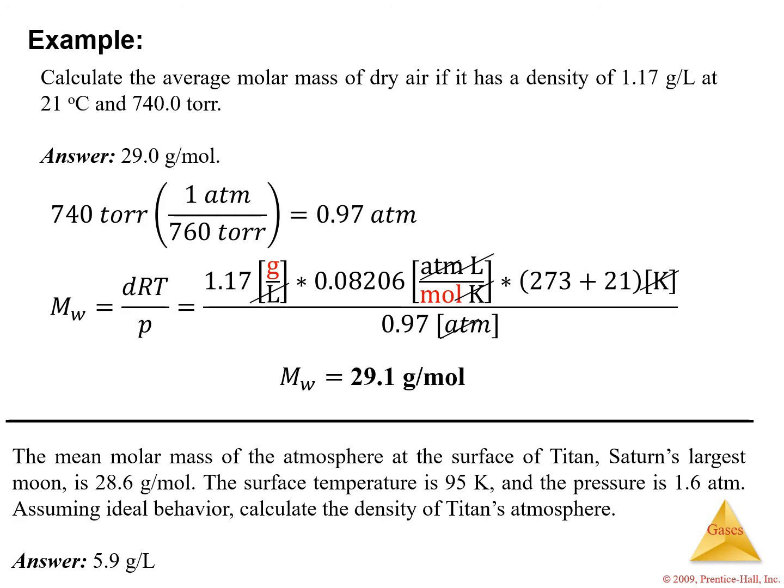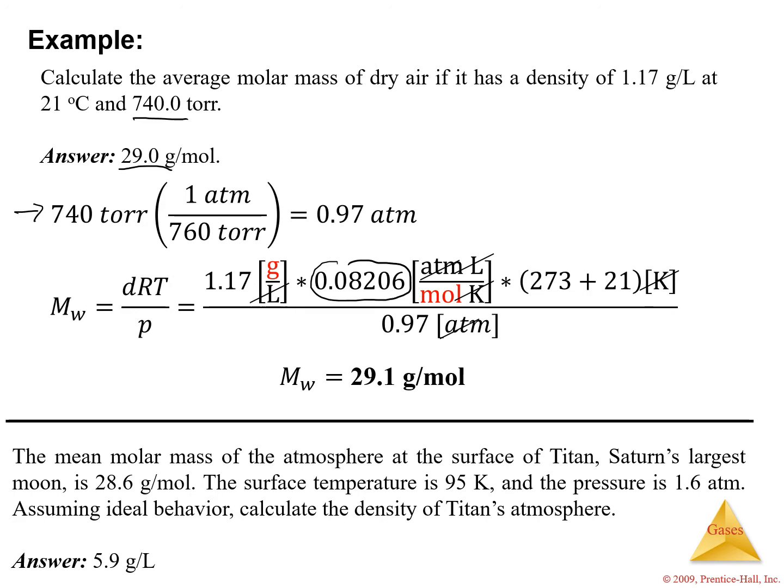So here you have the answer, but this time around I'm showing you how to solve it. Of course we want to use our beloved R constant, which has these familiar units of liter atmosphere over mole Kelvin. So we have to prepare our given data and convert to the proper units.